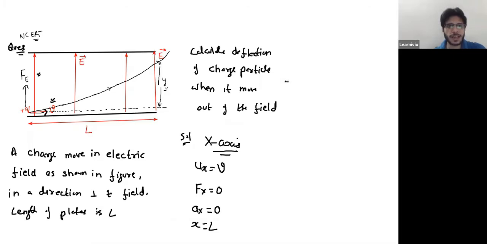From this equation, we can calculate the time taken by the particle to move out of the field. Let's say t is the time taken by the charged particle to move out of the field.